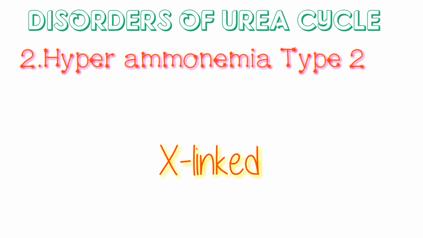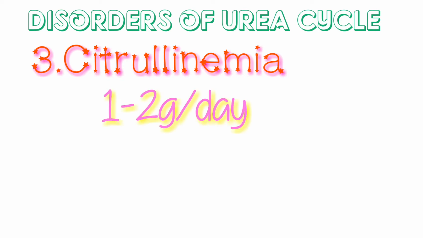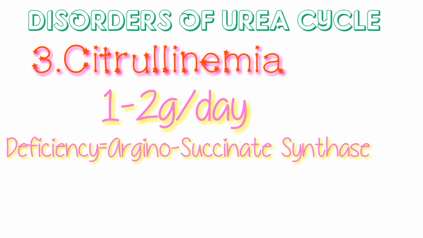The third one, citrullinemia. Here, more citrulline is excreted in urine, that is up to 1 to 2 grams per day. And it occurs due to the defect of enzyme argininosuccinate synthase, the enzyme that converts citrulline into argininosuccinate.